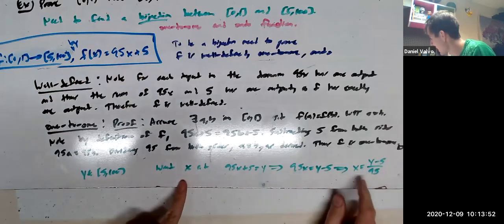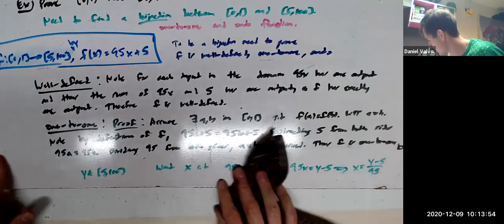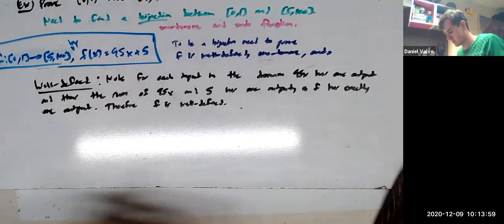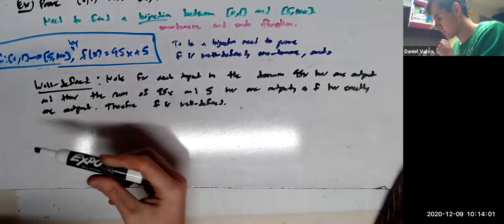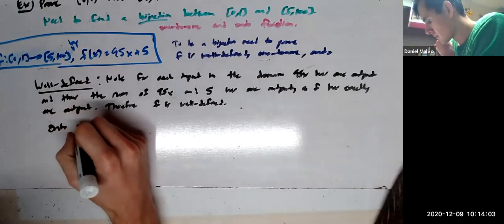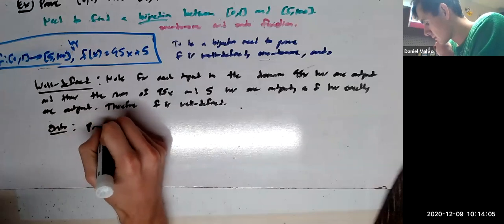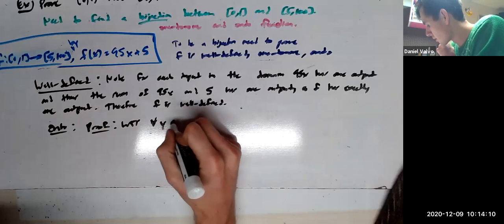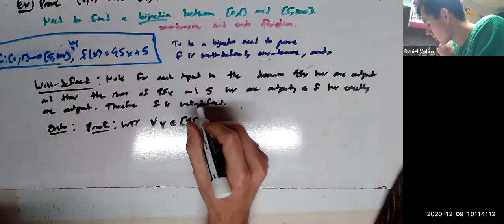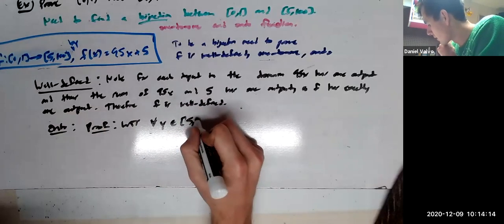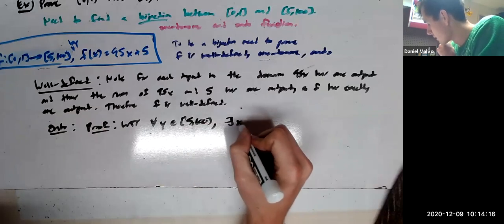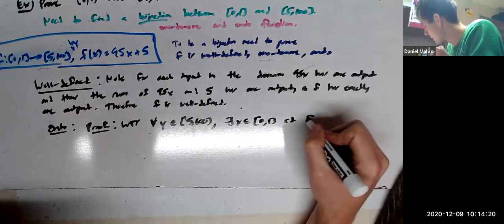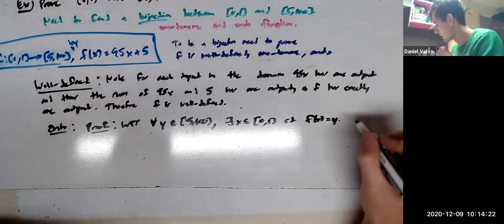So the only thing we have to show is that x is actually in the domain, which is not that much. I'm going to erase the one-to-one part, though, to give me some more room. So proof: want to show for all y in the codomain, which is [5, 100], there exists an x in the domain [0, 1] such that f of x equals y.